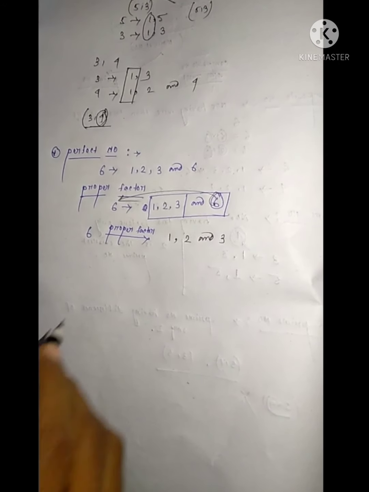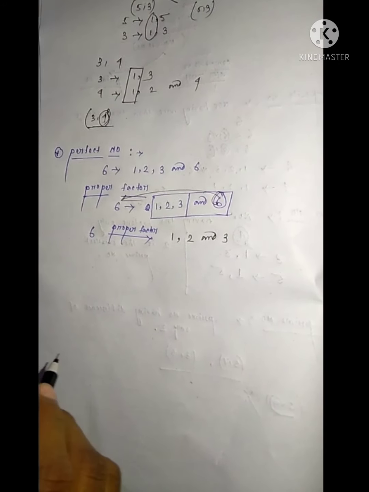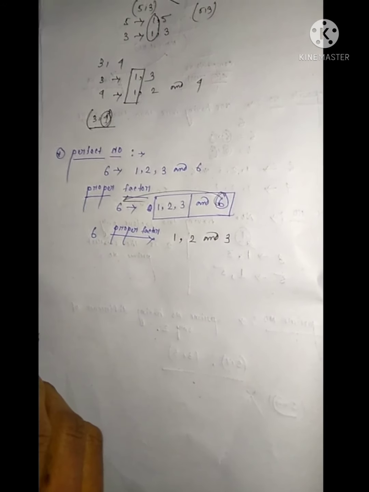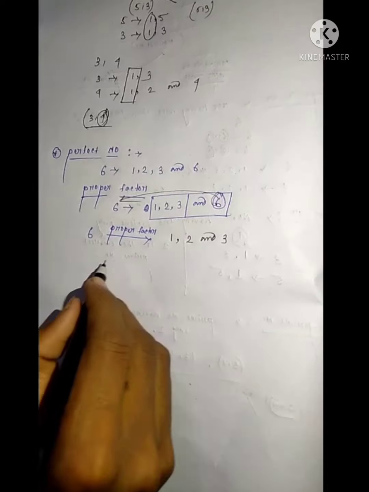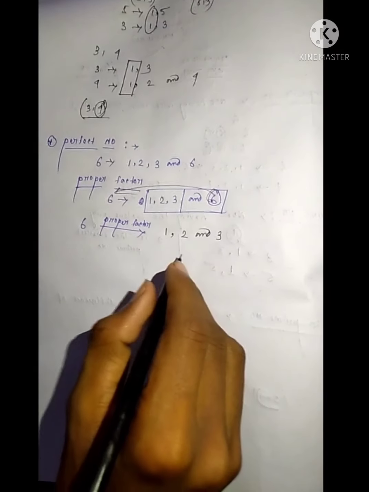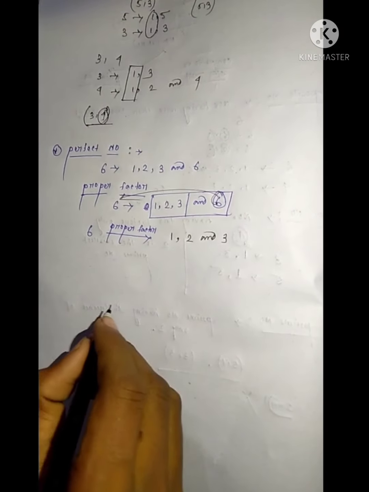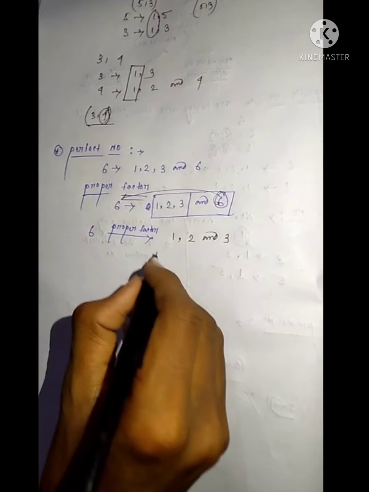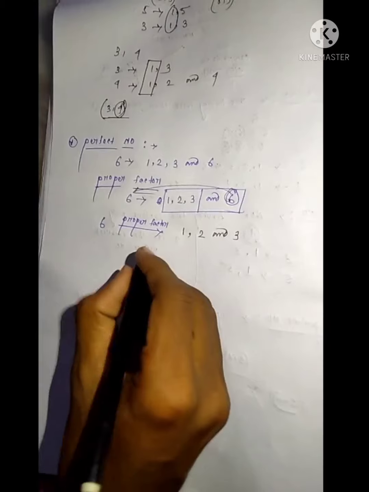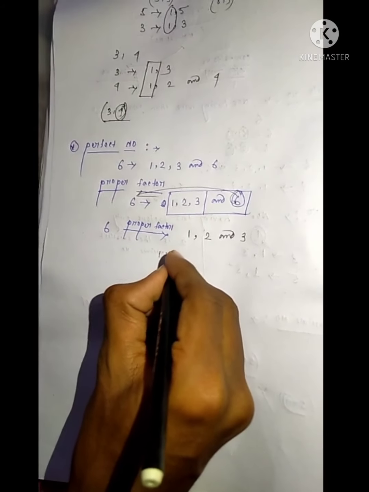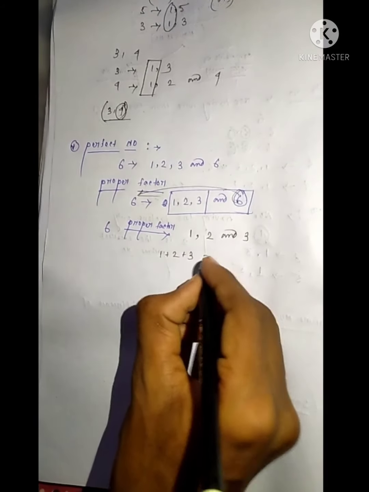If the sum of the proper factors of a number is equal to it, then the number is called a perfect number. In the case of 6, if we add the proper factors, 1 plus 2 plus 3 is equal to 6.